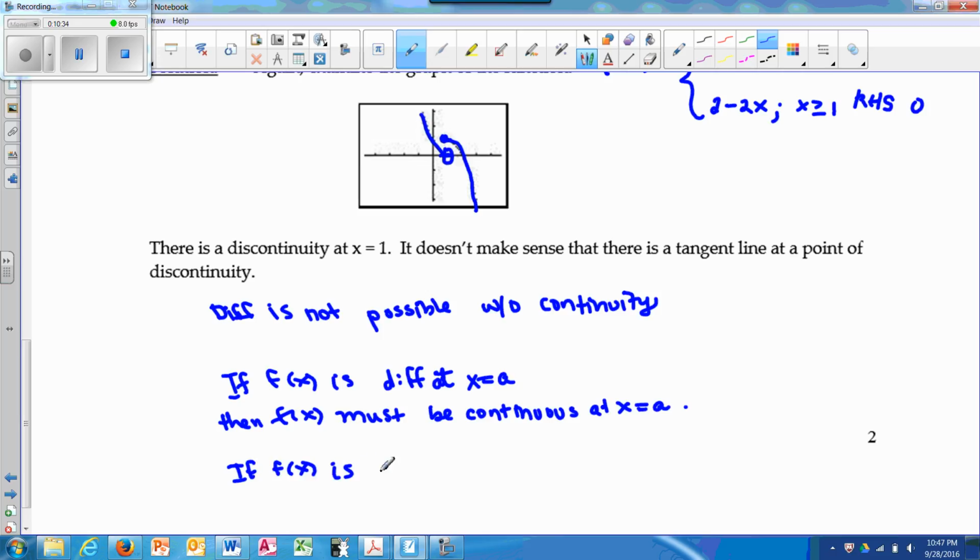If f of x is continuous at x equals a, there's nothing guaranteed about differentiability.